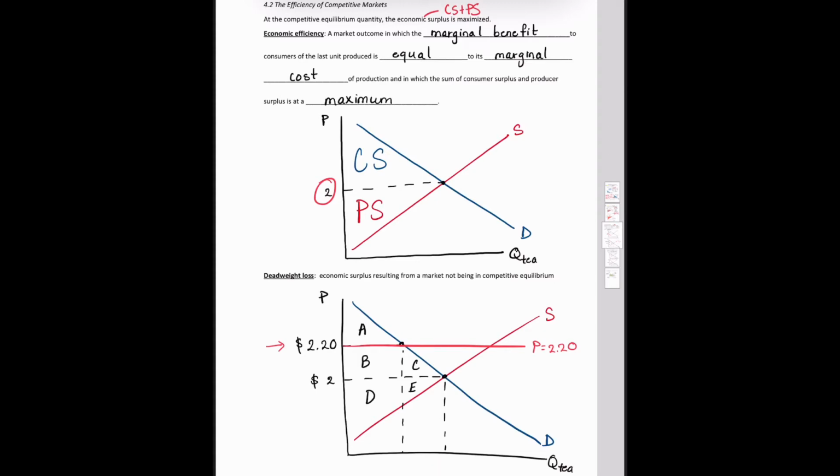If we raise the price to $2.20, now what have we done to consumer surplus? Instead of consumer surplus being A, B, and C, consumer surplus is now, again, the area below the demand curve and above the price. Consumer surplus is just going to be area A, right?